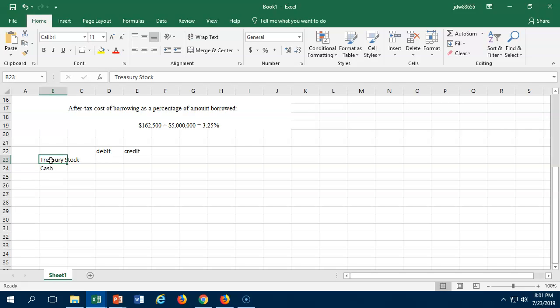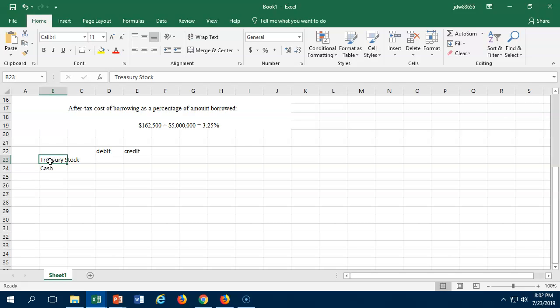Okay, so if you're buying back stock, what do you think the journal entry is to buy back stock? Debit the stock. Yep. Credit the cash. Yeah. And so the account that you would probably use is treasury stock. Treasury stock is what type of account? Where does that appear, balance sheet or income statement? Yep.